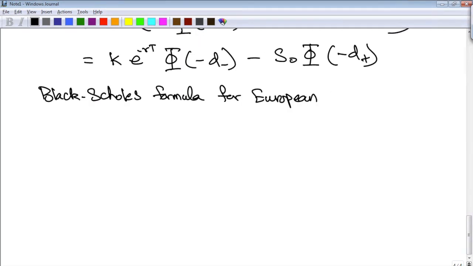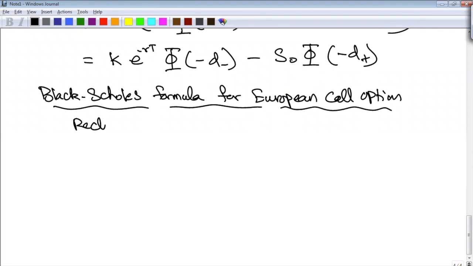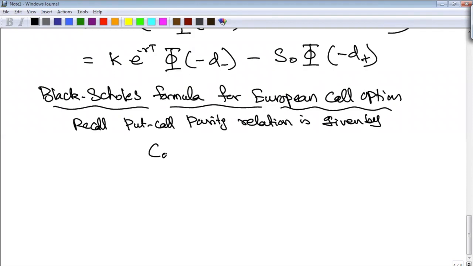So far we have established the Black-Scholes formula for European put option. Now we will establish the Black-Scholes formula for European call option. Recall that the put-call parity relation is given by C_0. Remember, whenever we write the call option, we use the notation C, and that is equal to P_0, which is the price of the put option, plus S_0 minus K into e^{minus rT}.